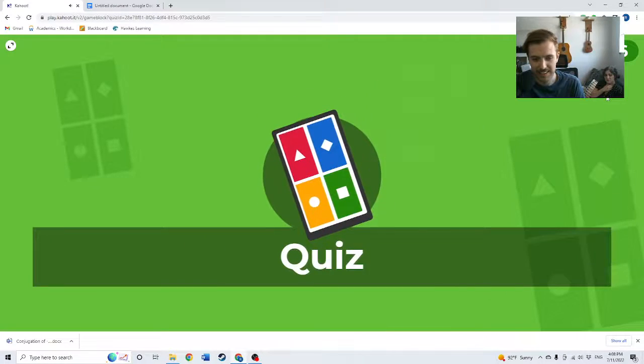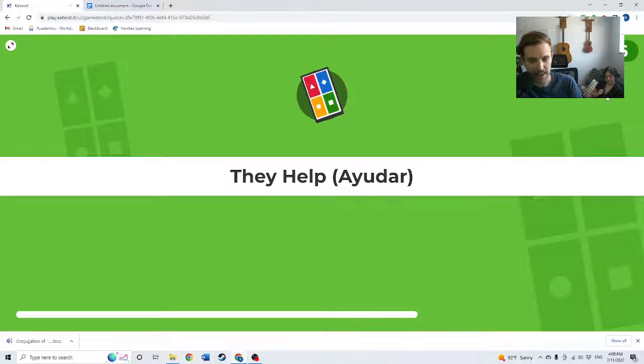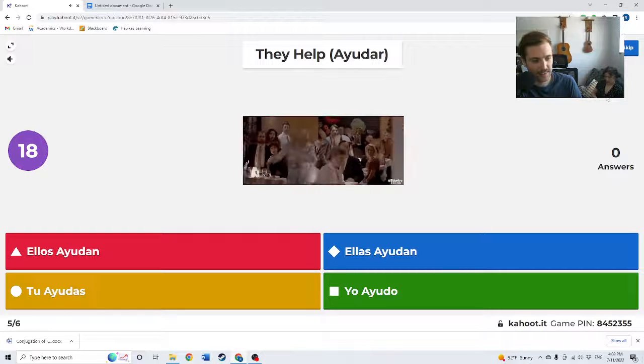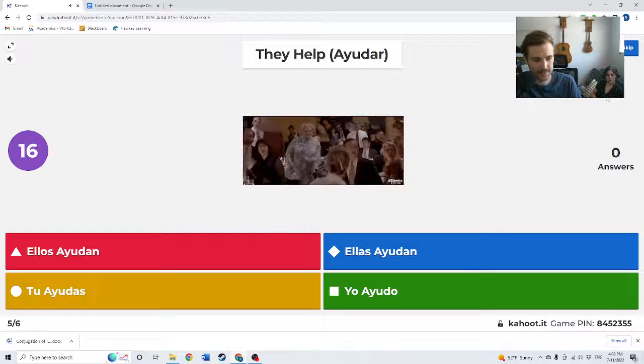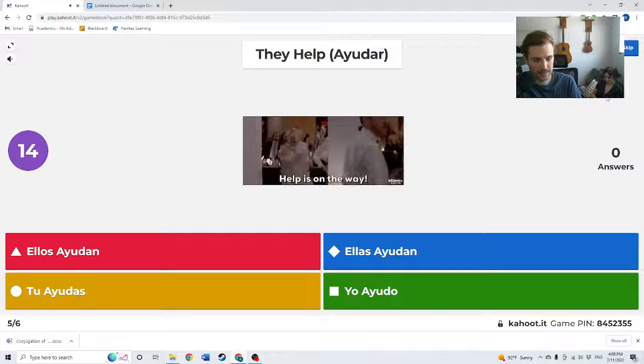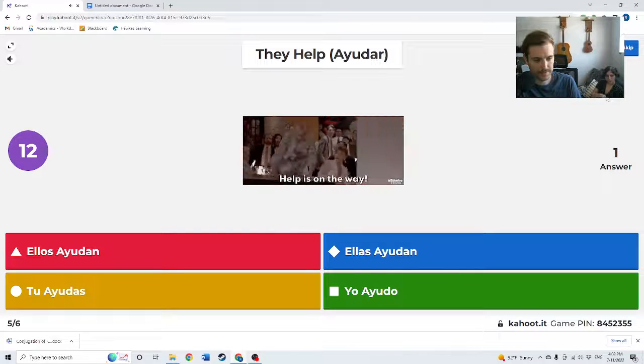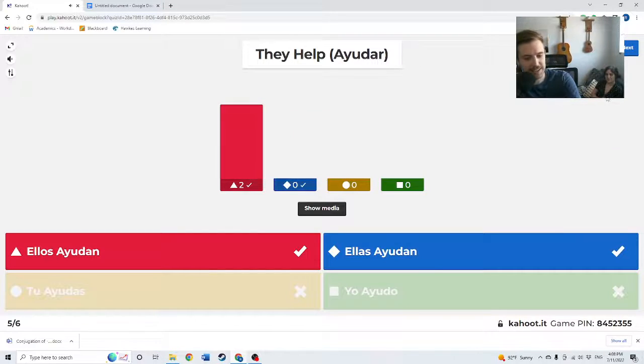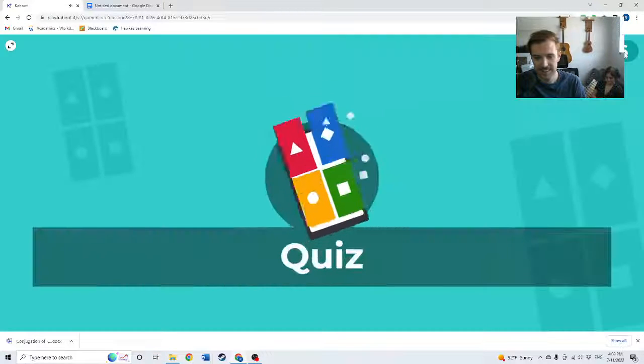And then lastly, they help, ayudar. Okay. Perfect. And in this case, both would work because it could be a group of girls as well. Ellas ayudan or ellos ayudan. All right. Great job.